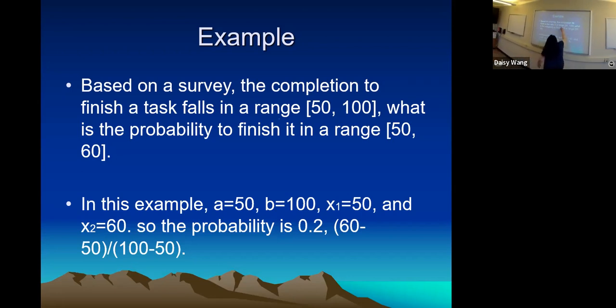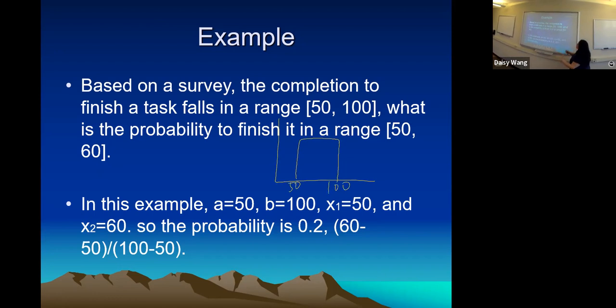I like to draw. So the uniform distribution is between 50 and 100, and we want to know the probability between 50 and 60. Between 50 and 60, it will be this area among the whole area. So it's basically this area divided by this area.